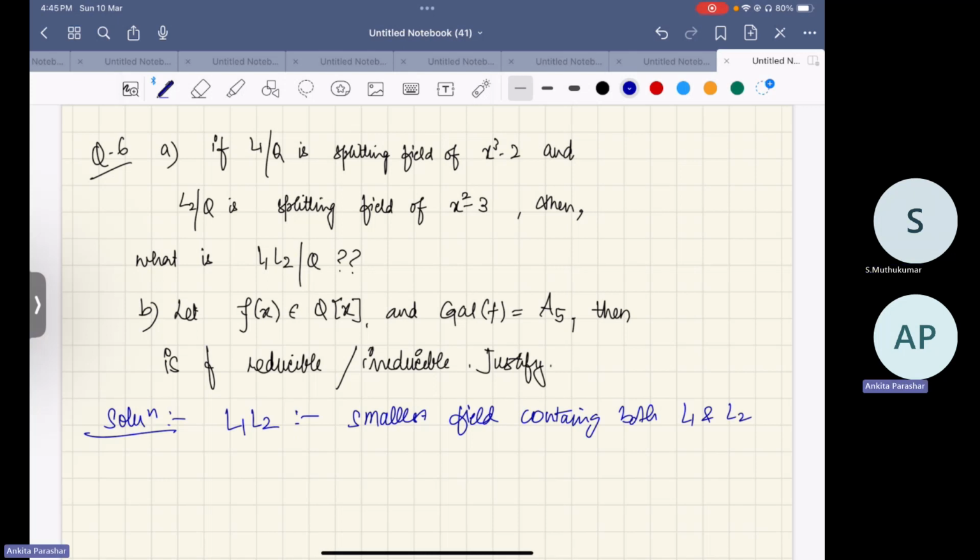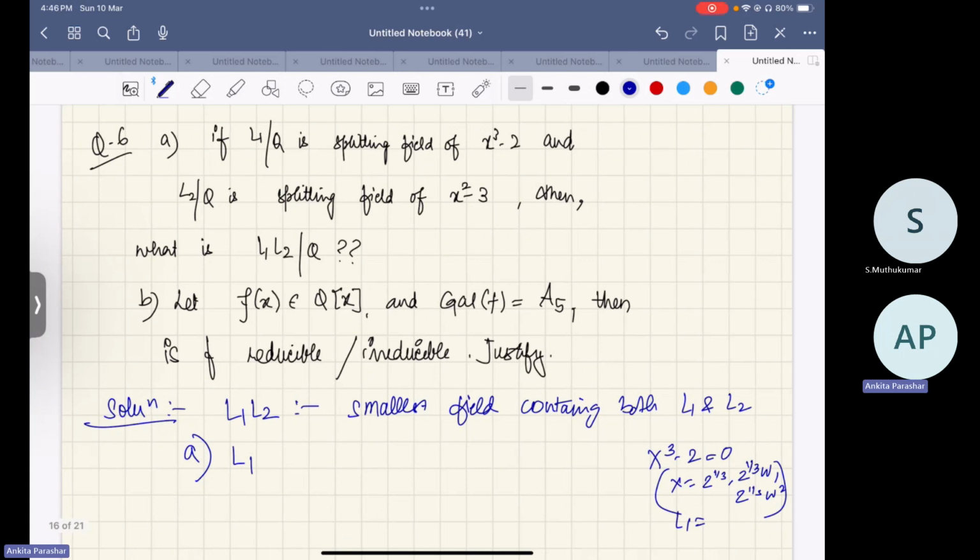Very right. Now, can you tell me what is L1, what is L2, and then finally what is L1 L2 for part A? L1 is the splitting field. X cube minus 2 has roots 2 power 1 by 3, 2 power 1 by 3 omega, and so on. So L1 is Q of 2 power 1 by 3 comma omega, or i.